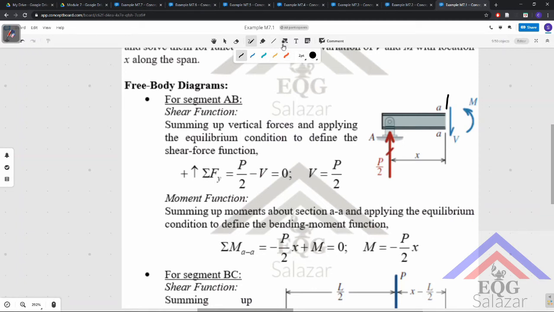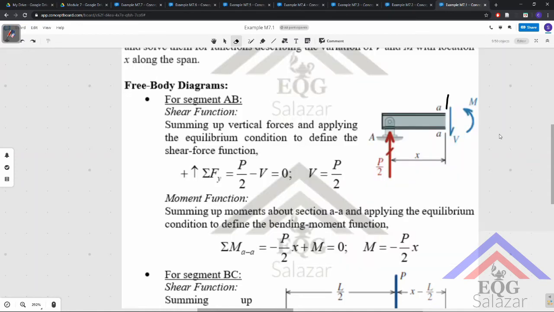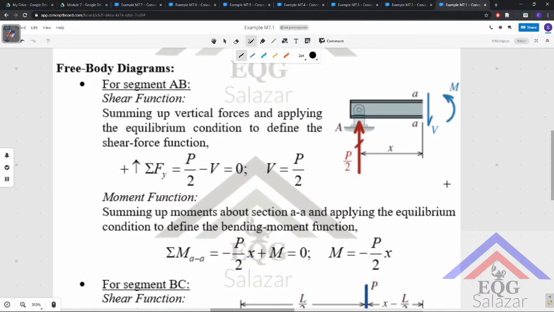I'll go back to the rules as to why that is so. Anyway, we have V equals P over 2. So the shear function along the segment AB is equal to P over 2.